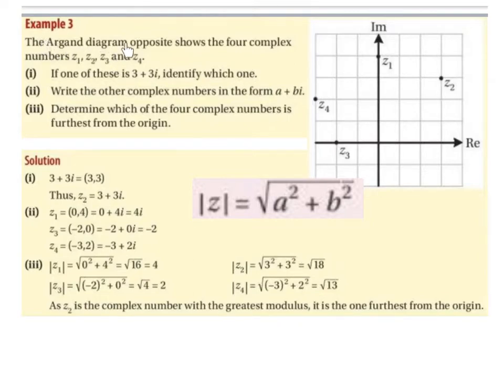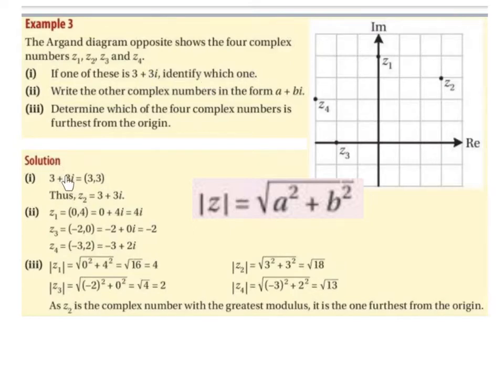The Argand diagram opposite shows the four complex numbers z1, z2, z3, and z4. So we have z1 on the imaginary axis, z2, z3 on the real axis, and z4. Part 1. If one of these is 3 plus 3i, identify which one.